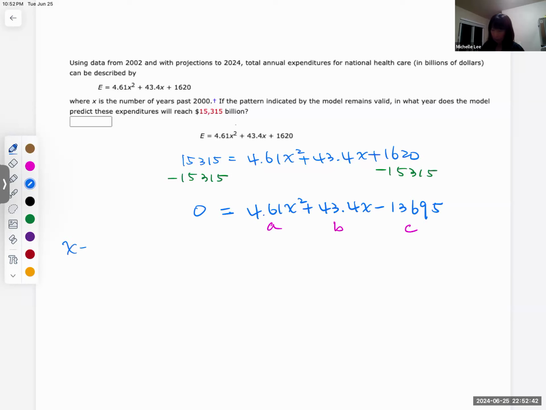So x equals minus B plus minus the square root of B squared minus 4AC, all over 2A.